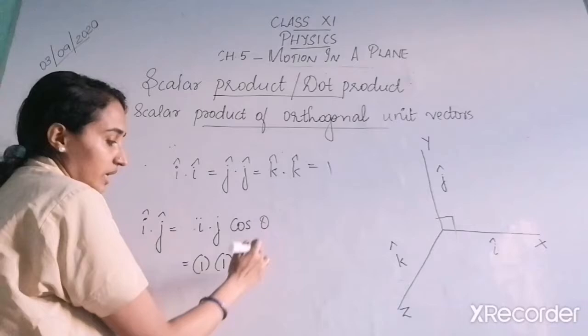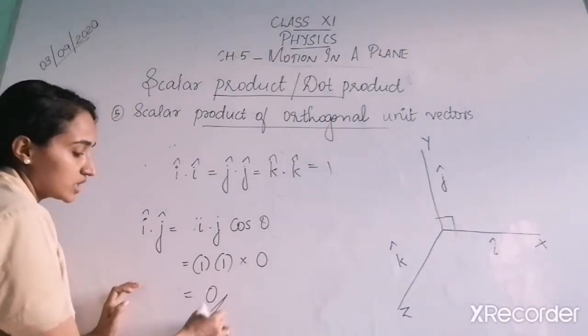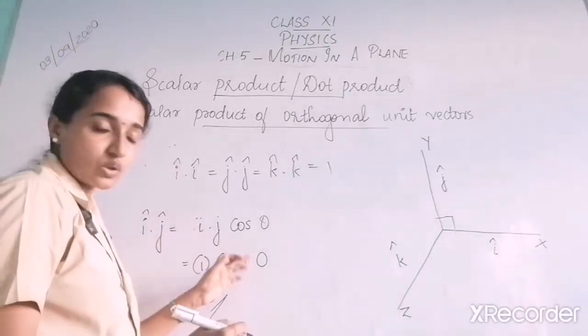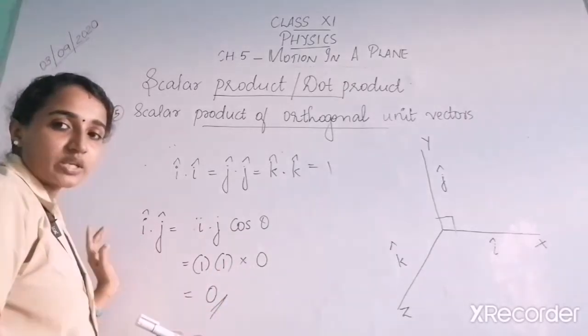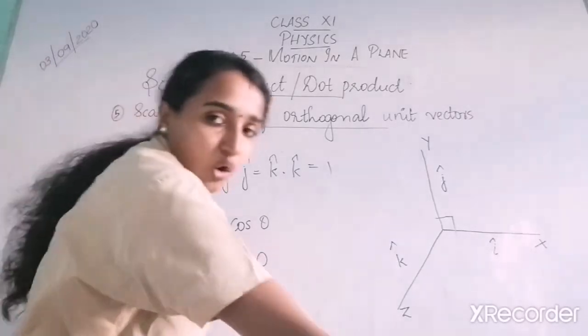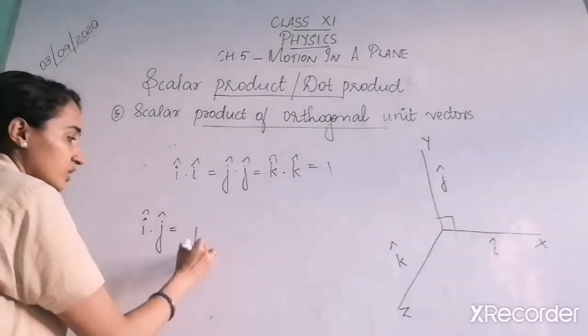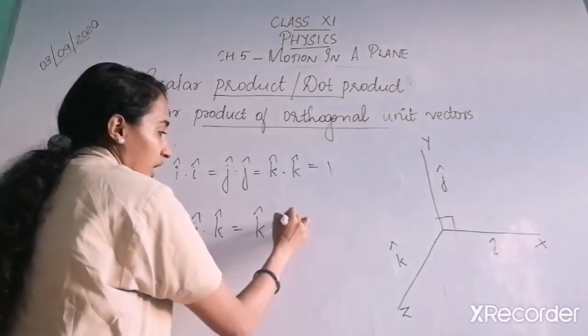So cos 90 will be 0, so this will be equal to 0. If you do it for j dot k also, the same way it will be 0. Then k dot i also is going to be 0.